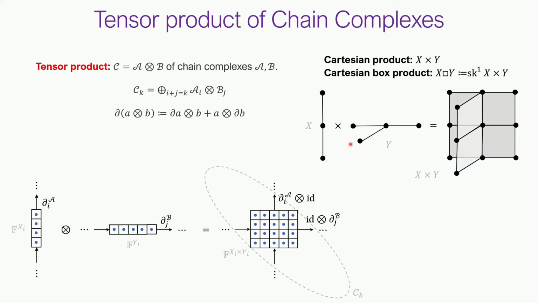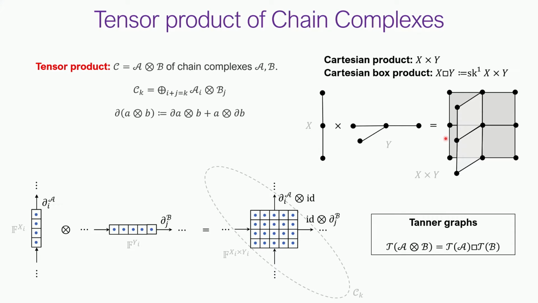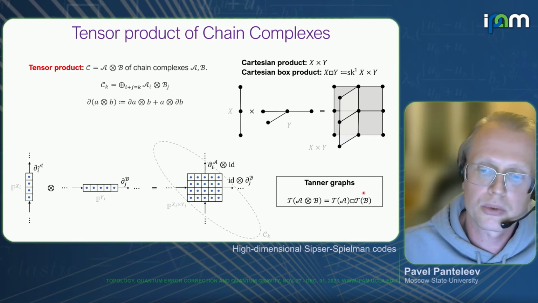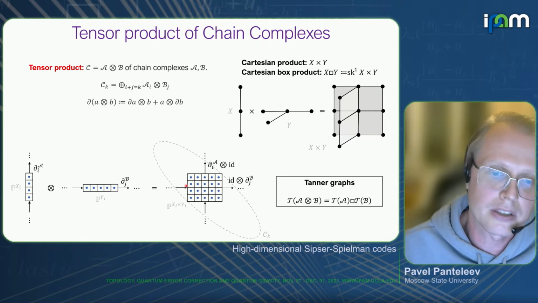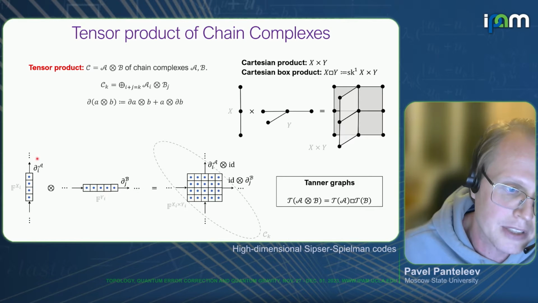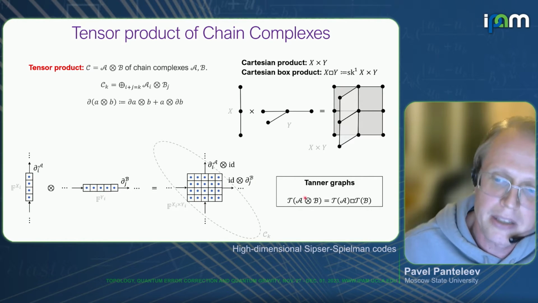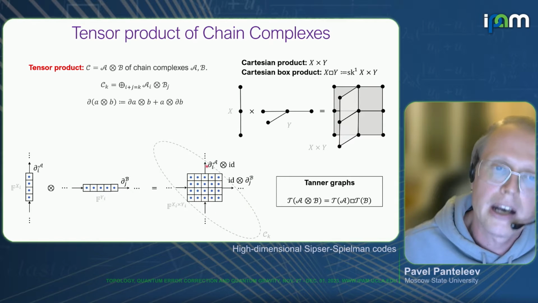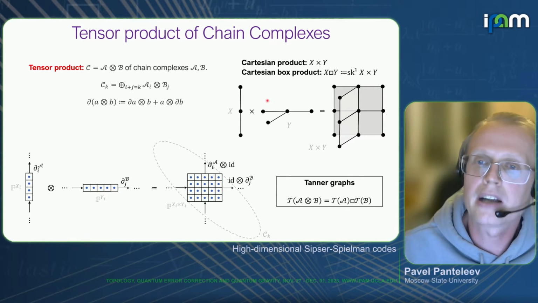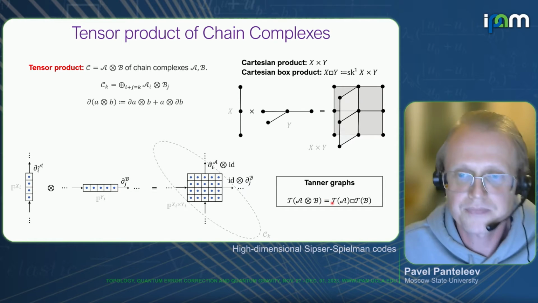So the Cartesian box product is just a standard Cartesian product, but where we consider only objects that have dimension no more than one, so only the graph, which is usually called a one-skeleton. And this idea of a Cartesian box product can be used, for example, to characterize the Tanner graph of the chain complex that corresponds to the tensor product. If we have Tanner graphs that correspond to complex A and complex B, then the Tanner graph that corresponds to the tensor product is just the Cartesian box product of these graphs.